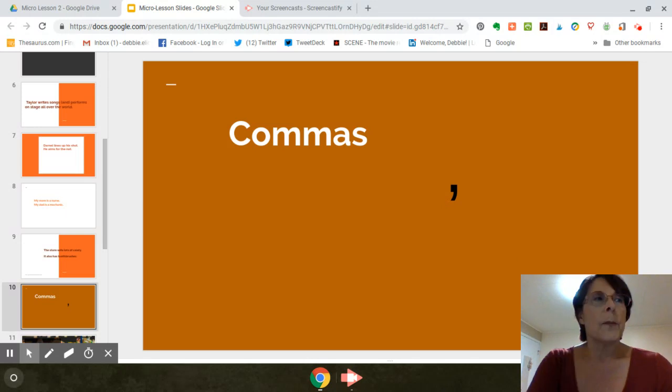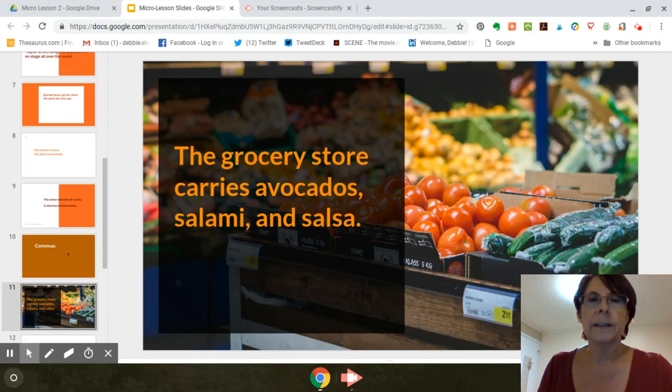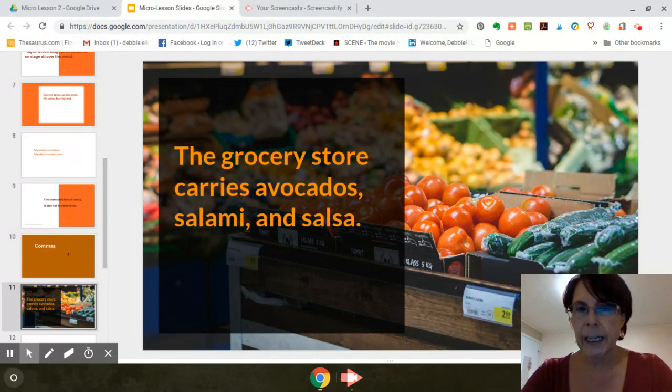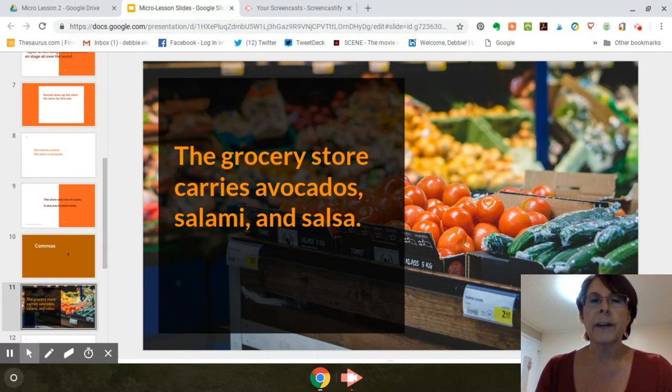Commas can be used instead of "and." When you have more than two items in a sentence, that is when you would use a comma. Let's take a look at an example of that. The grocery store carries avocados, salami, and salsa. You'll notice that there's a comma after each noun and then before the "and."